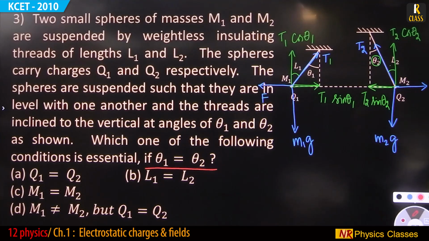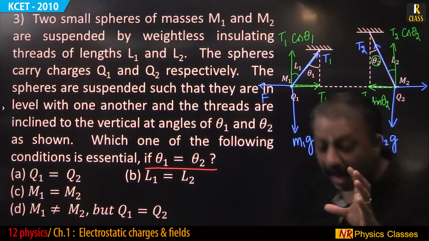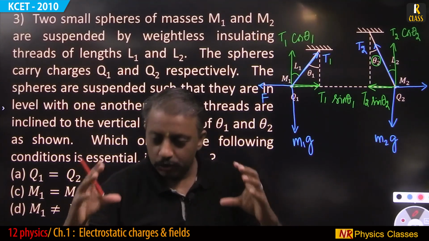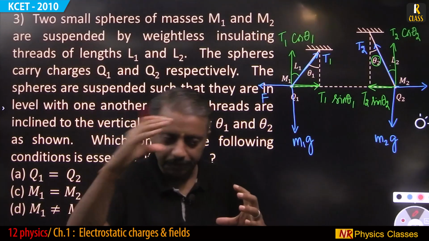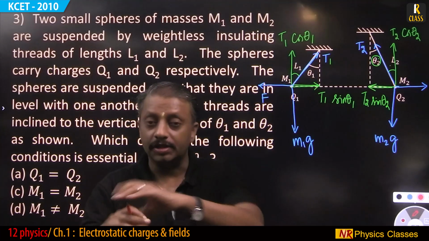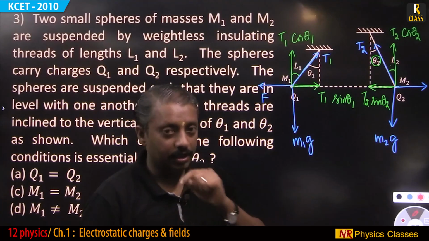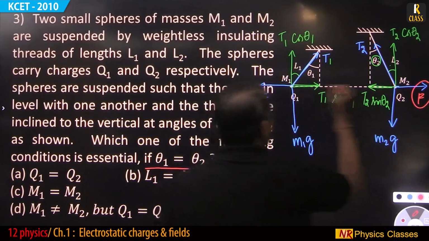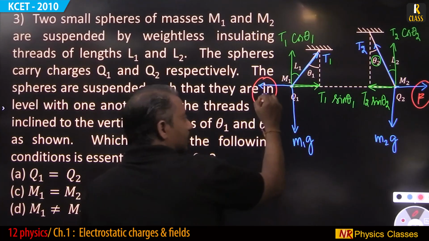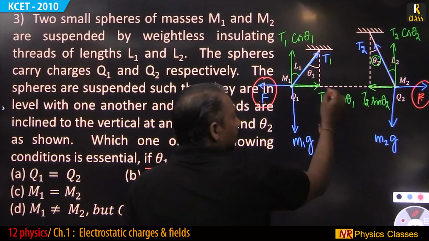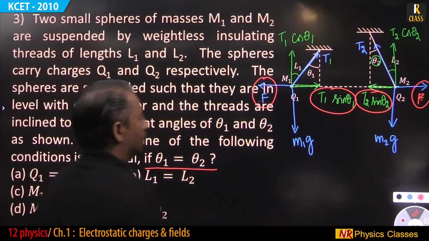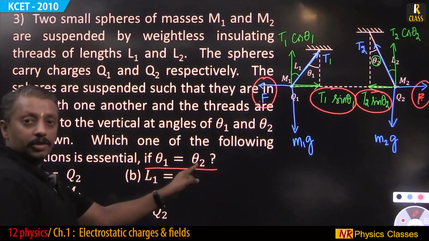Now, these 2 are equal and opposite forces. They constitute an action-reaction pair. If 2 charges are there, then this exerts force on this, this exerts force on this, and they are always equal and opposite. That you know. Therefore, this force should be equal to this force. If this force equals this force, then this should be equal to this. It's given theta 1 equals theta 2.